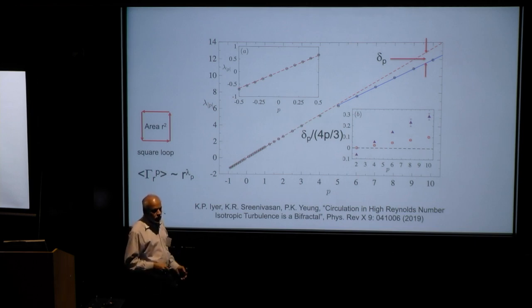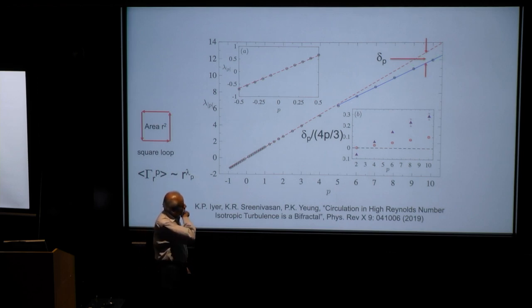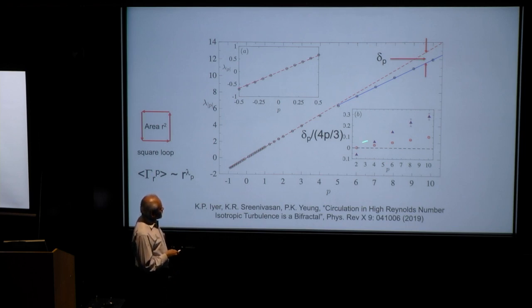Actually, if you look at it very carefully, it departs slightly from there. But for high order moments, it's on one single line, sitting on another fractal set, which I say is fractal because you calculate from this data, its dimension turns out to be about 2.5.